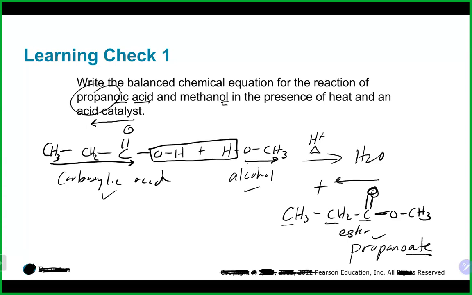It gets the "-oate" at the end of it. Going away from the double bond always gets you the alcohol part, and that's where the other part of the name comes from. In this particular one, there's just 1 carbon, which is a methyl group, and this would be known as methyl propanoate. Again, the back name comes from the carboxylic acid part and the alcohol part is named like a group.